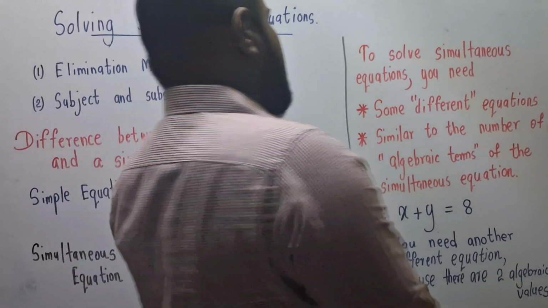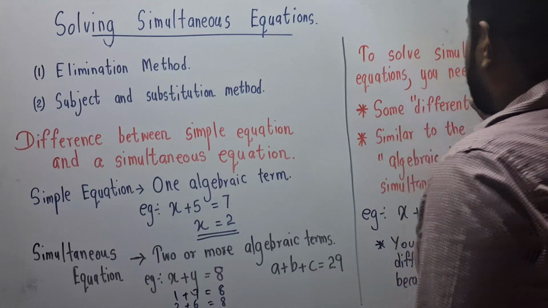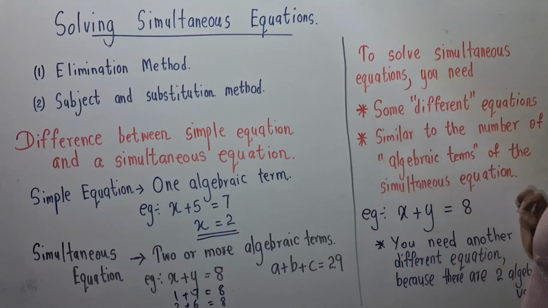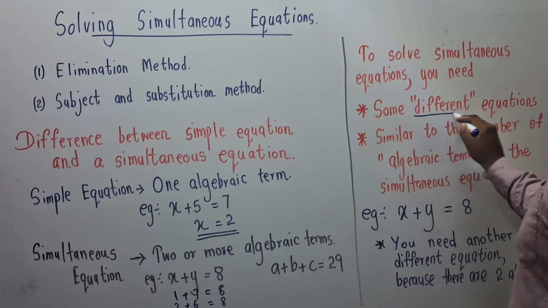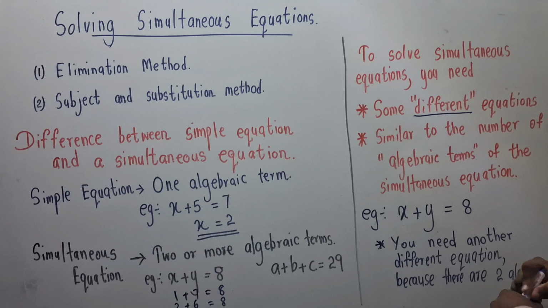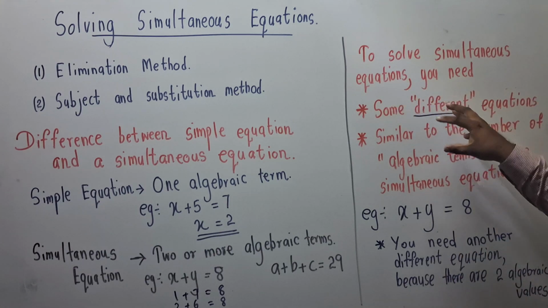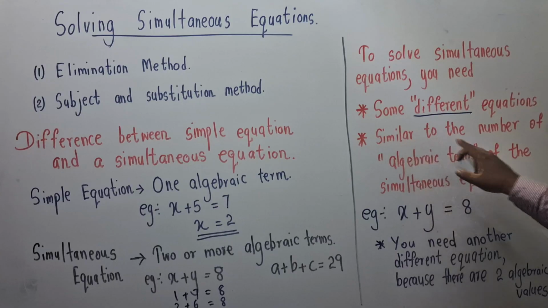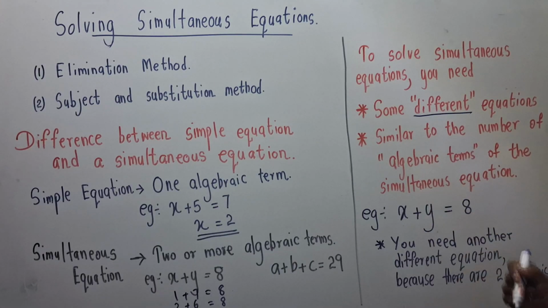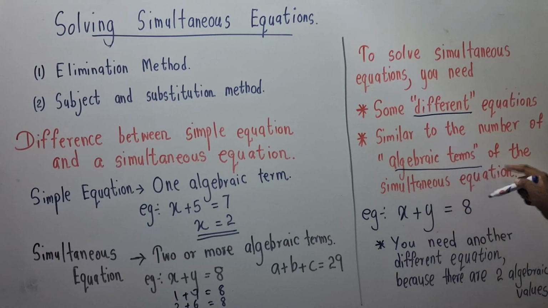So to solve simultaneous equations you will need some different equations. I will teach you what this term different means, and the number of equations is equal to the number of algebraic terms of the simultaneous equation.